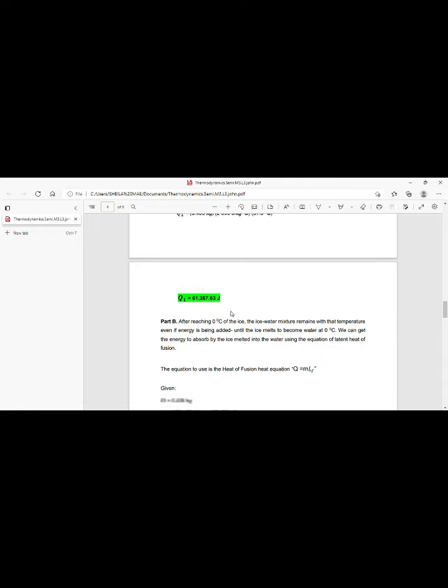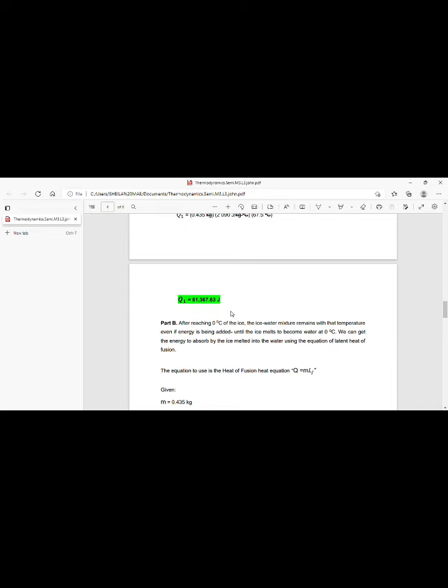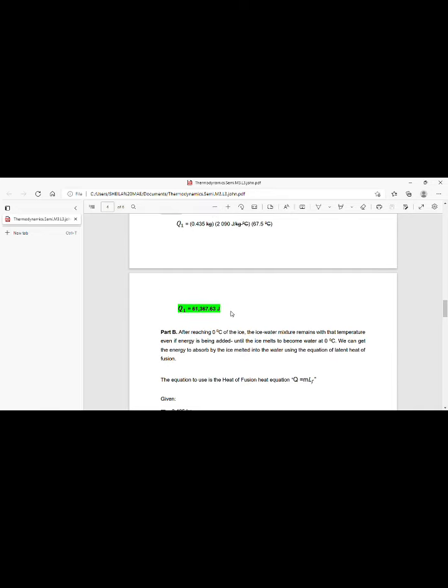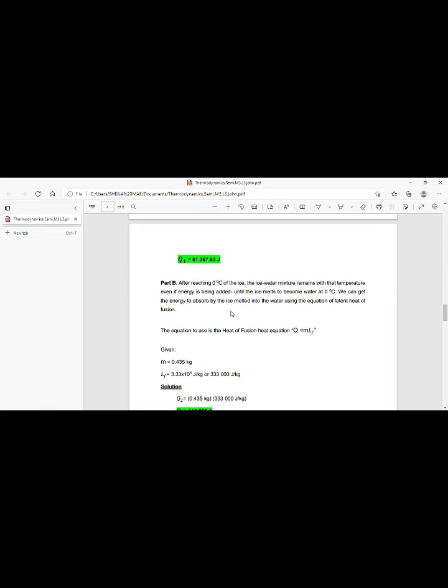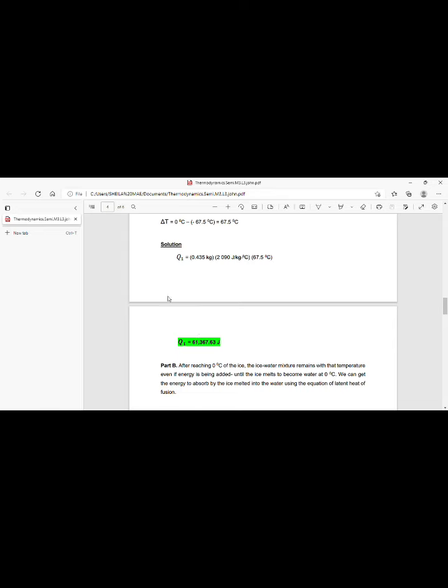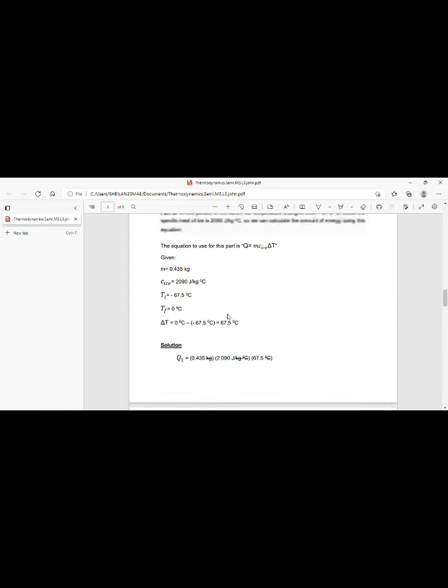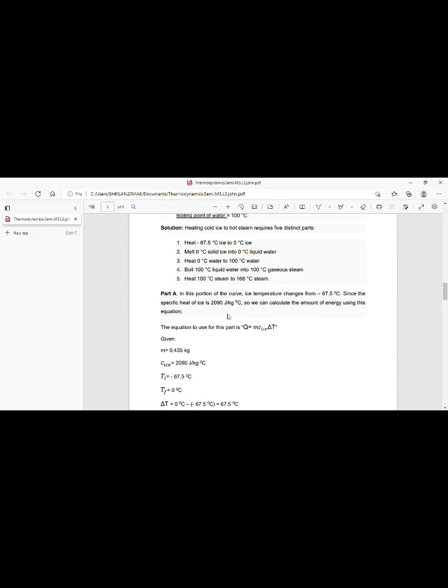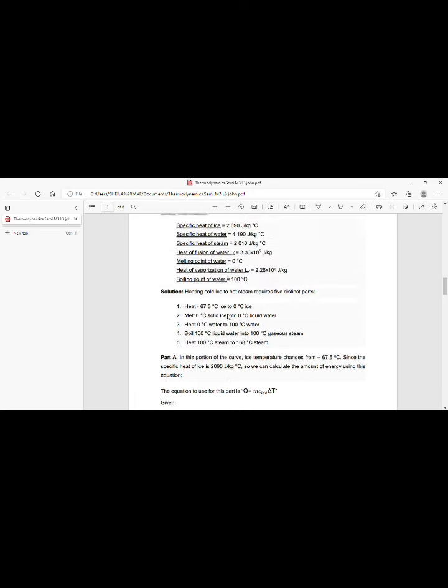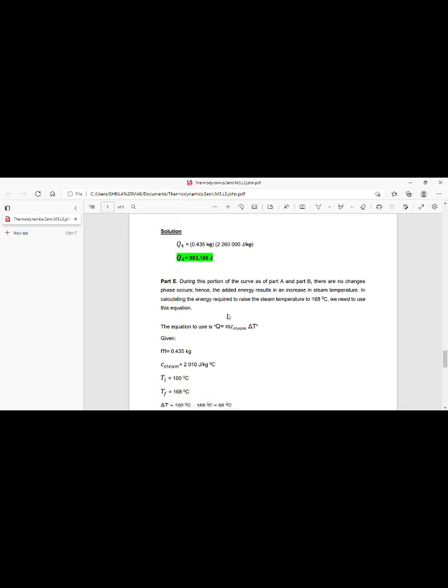Let's proceed to part 2, rather, part B, because this is the process to be able to find the absorbed heat.